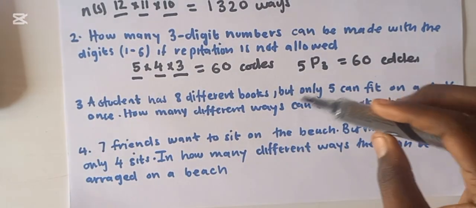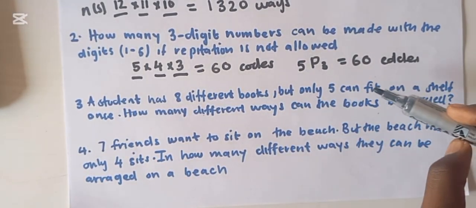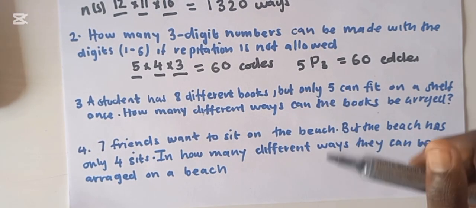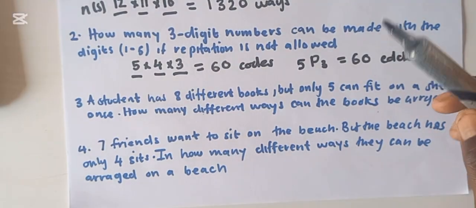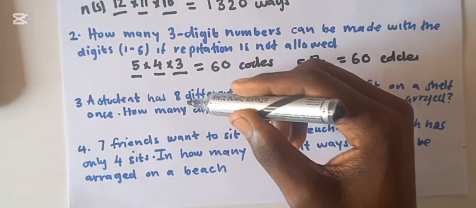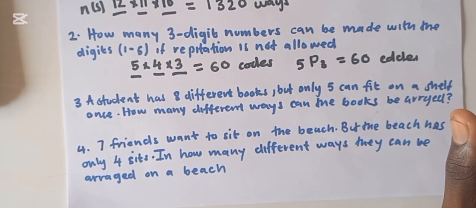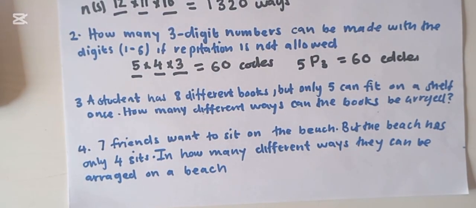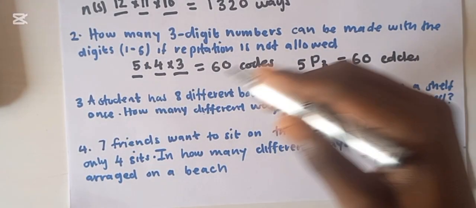Third question says that a student has 8 different books, but only 5 can fit on the shelf at once. How many different ways can the books be arranged? So again, we're having a challenge here. We have a student who has 8 different books, but the bookshelf can only fit 5 books. They ask in how many different ways this student can arrange his books.